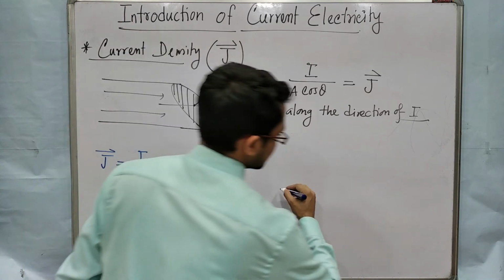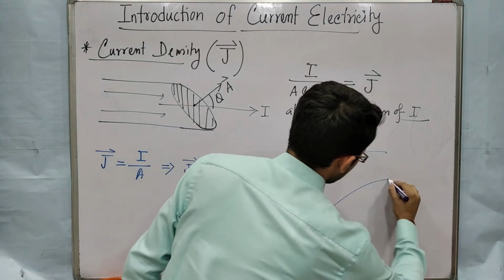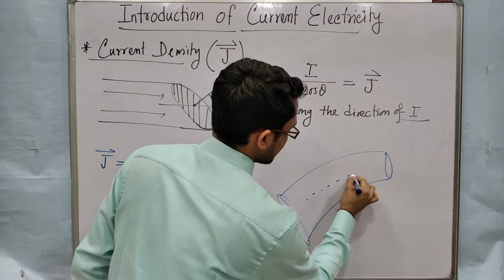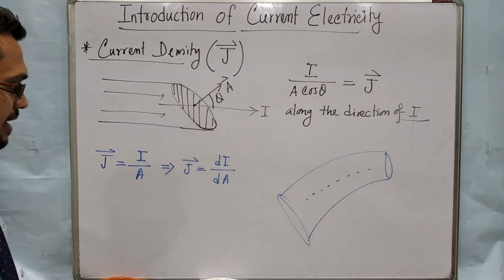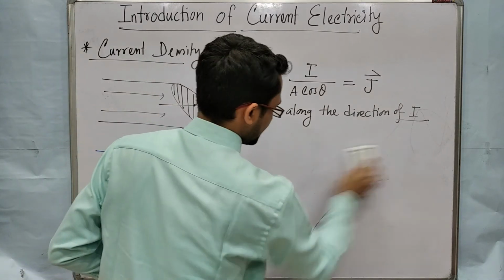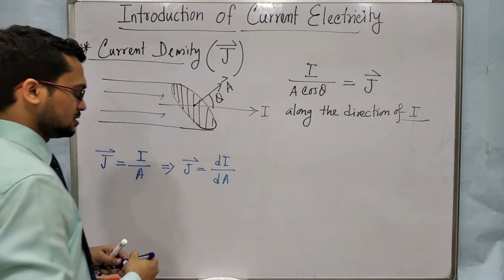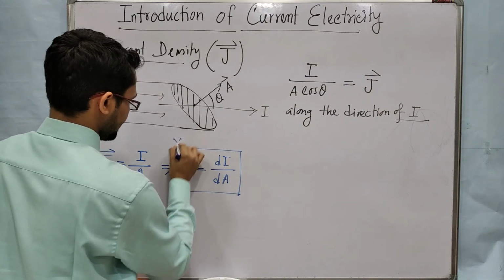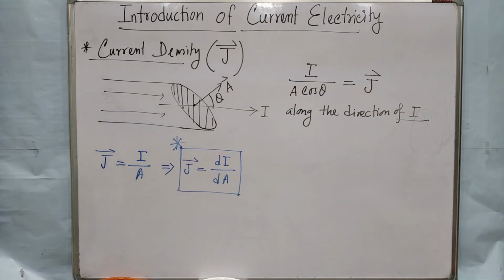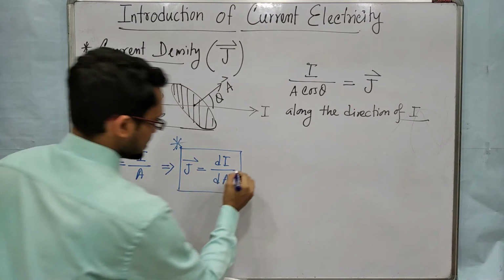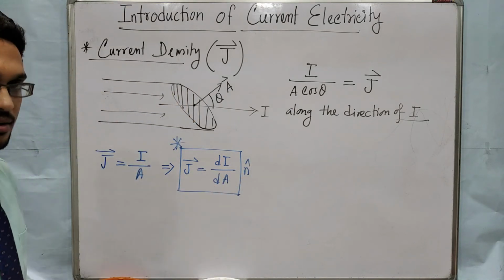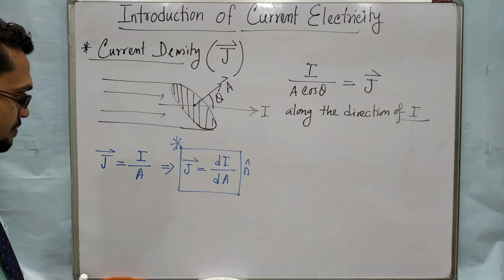Suppose area is different at any point, not the same. In that case also we have to use this relation. This is basically the basic relation, J equal to di by dA, and direction will be n cap. n cap is the direction of current.